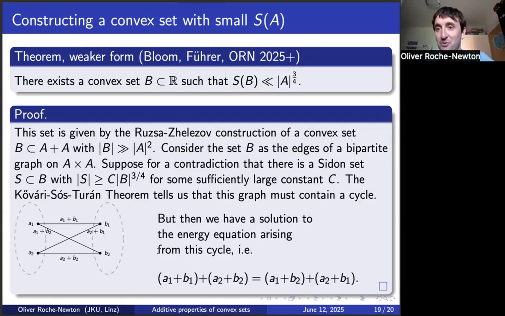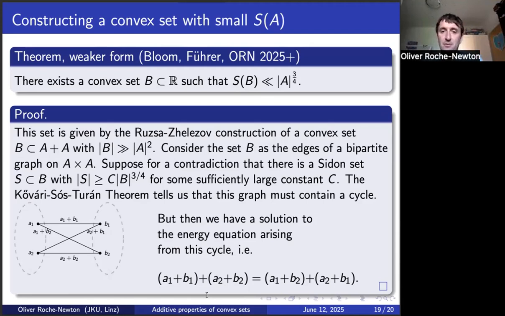Well, it's a non-trivial solution, but it looks kind of trivial because we swap some of the elements around. And according to the definition of Sidon, this is a non-trivial solution. So A1 plus B1 equals A2 plus B2, and then we permute them on the other side. Obviously, this equality is true, but these are all in our set S. So it can't be Sidon, and that's the contradiction.